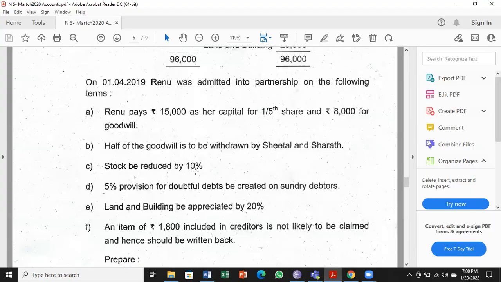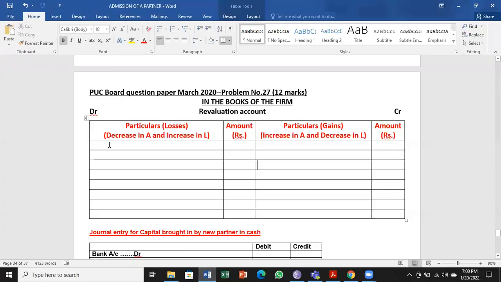So first one, stock to be reduced by 10%. So decrease in asset, it is a loss to stock account. Stock is 20,000. 10% will be equal to rupees 2,000.